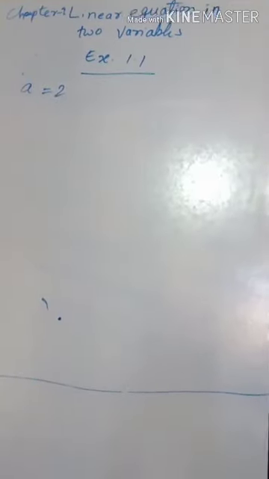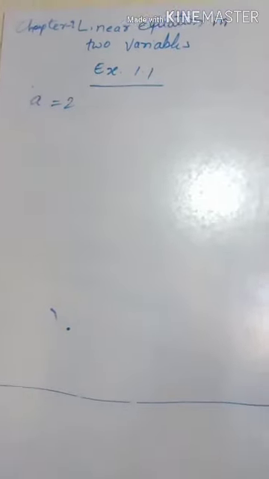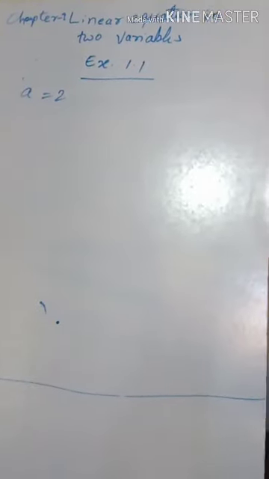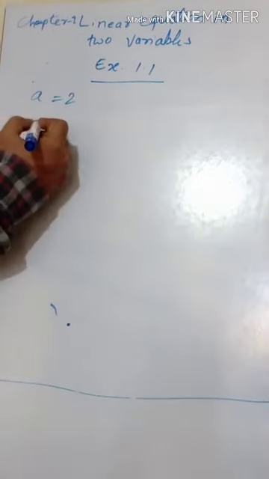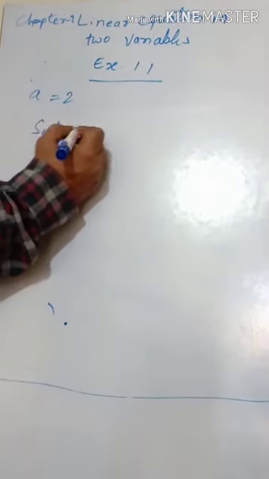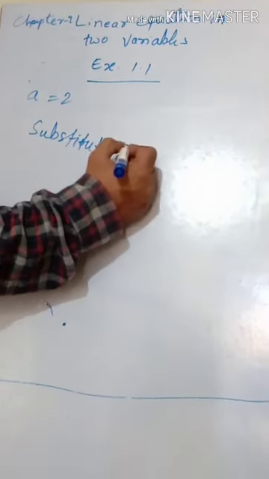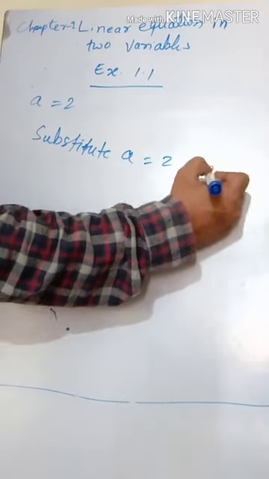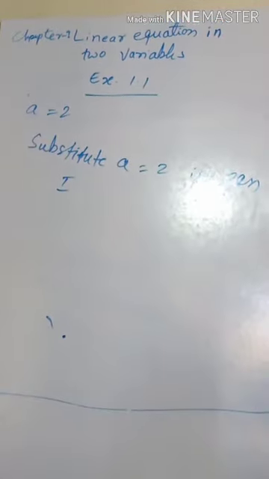Yes student, the value of a is equal to 2. We find one value, that is a is equal to 2. Now we find the value of b. How do we find the value of b? Substitute a is equal to 2 in equation 1.